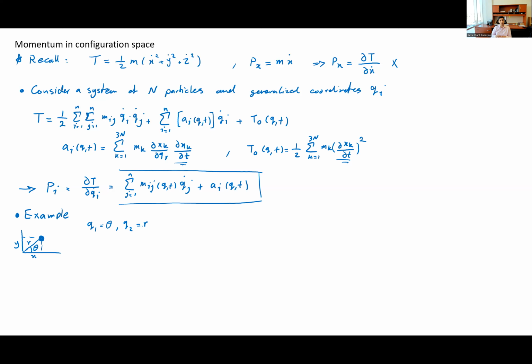I have two generalized coordinates to describe the system. And my original coordinate x1, which is x, is q2 cosine of q1, and my second coordinate x2, which is y, is q2 sine of q1. So I want to write the generalized momenta along q1 and q2.